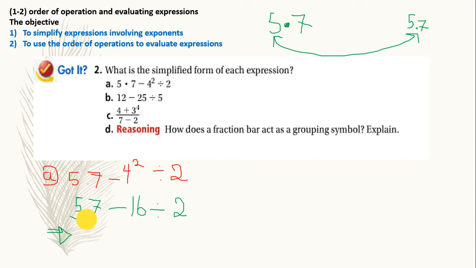So I will do the multiplication and division first. 5 times 7 is 35, minus 16 divided by 2, which is 8. So that will give you 35 minus 8, which is 27.